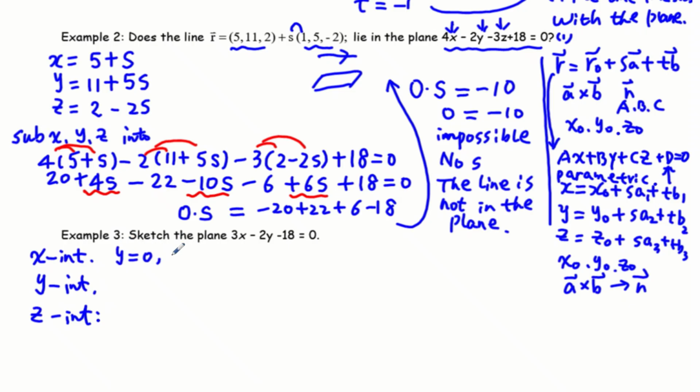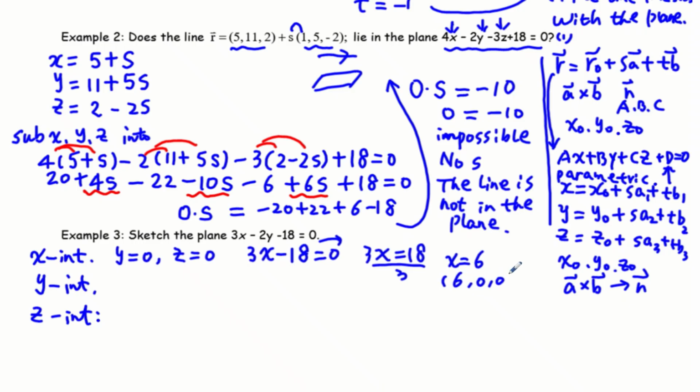At the x-intercept, y equals 0, z equals 0, then just get rid of the y and z, only x left. And solve it, we have 3x, move it to the other side, equals 18. Then move the 3 to the other side, we have x equals 6. So the x-intercept is (6, 0, 0).